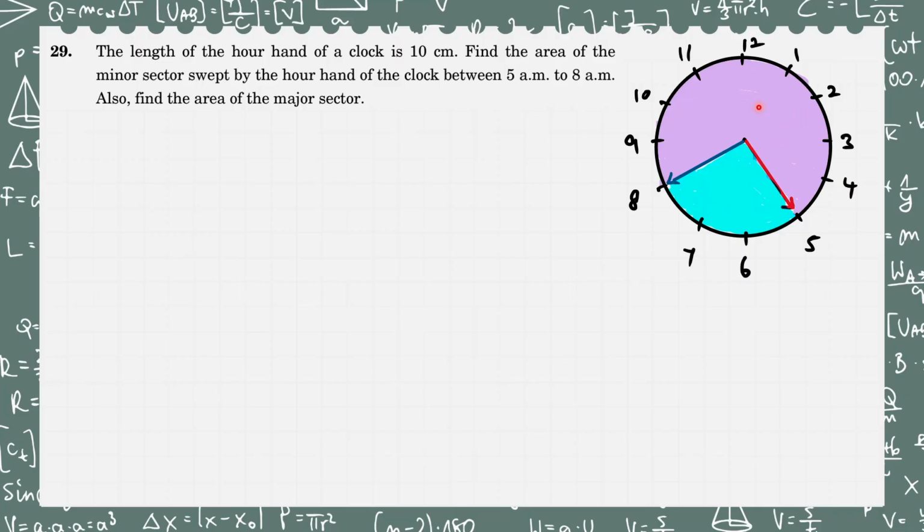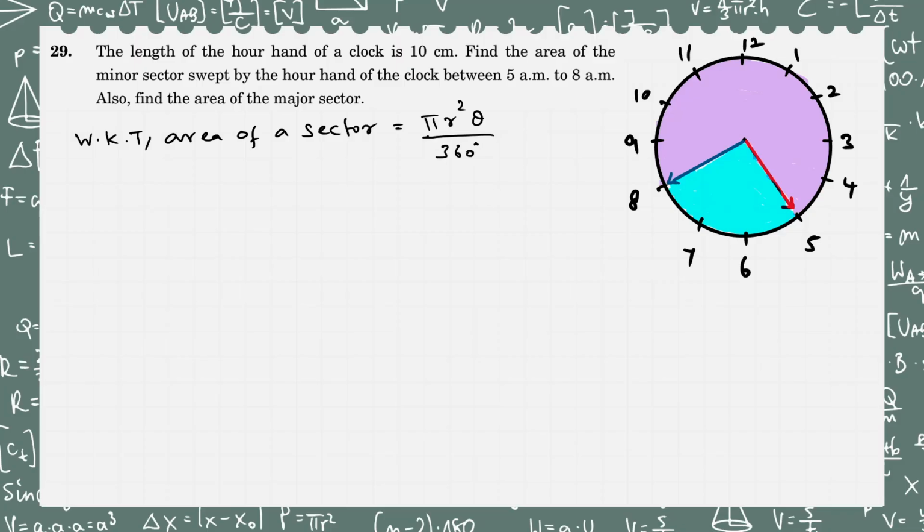So these two areas we have to find out. Let's see how we can do that. In order to find the area of a sector, we know the formula, right? We know that area of a sector equals pi r square theta divided by 360 degree.